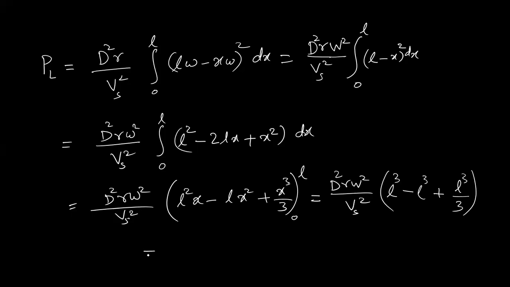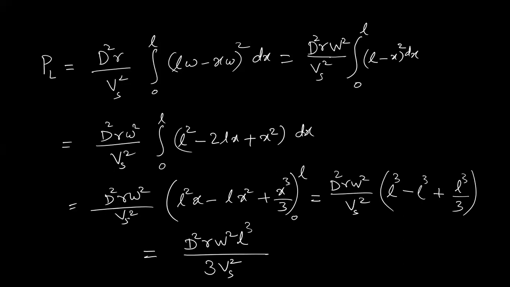Finally, the expression that we get is d square R W square L cube divided by 3 Vs square. So that is the final expression for power loss.